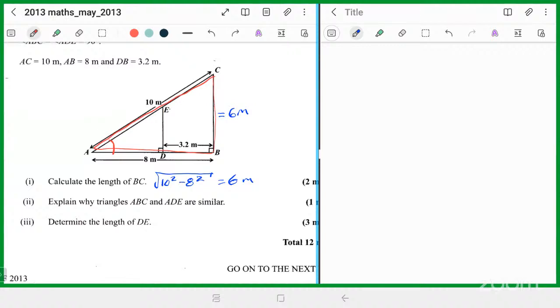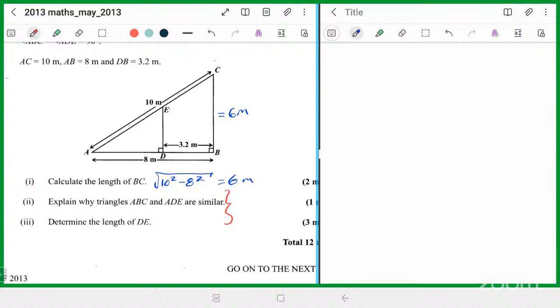And this angle is 90 and this angle is 90. So they have 2 angles the same, and then this angle here and this angle here are the same. Because they have 3 equal angles, they are similar triangles. That's the reason.